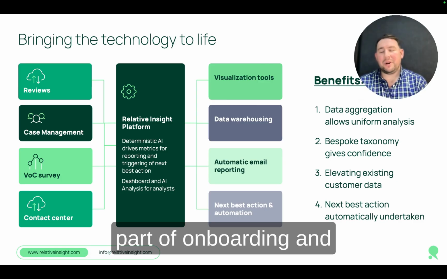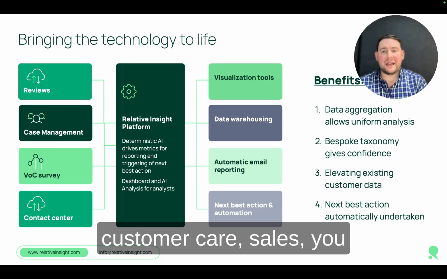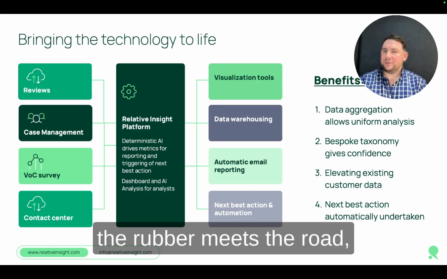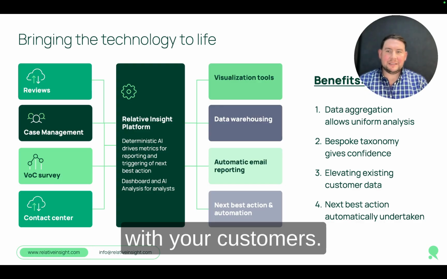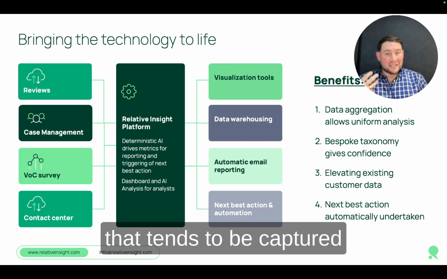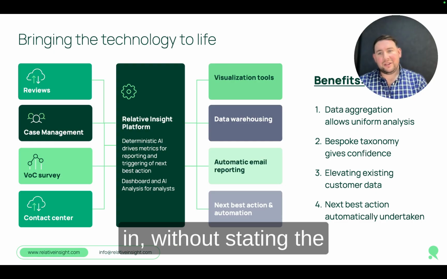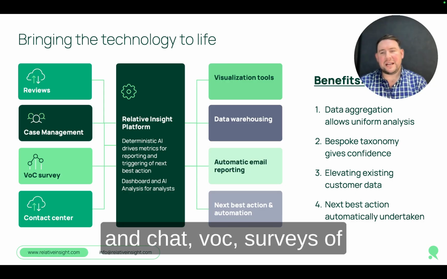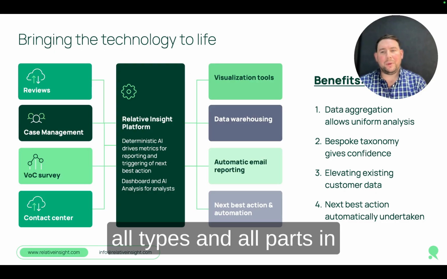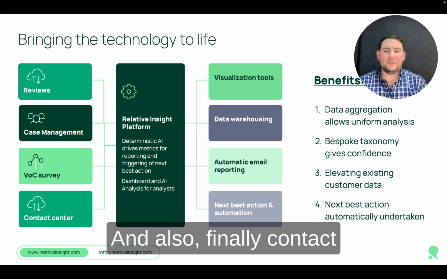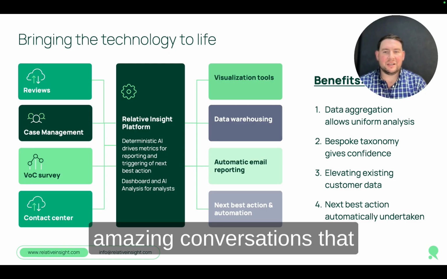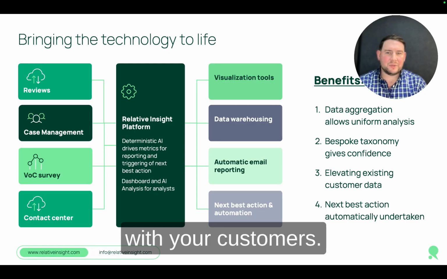Think every part of onboarding and customer care, sales, you name it, wherever basically the rubber meets the road, wherever you're interacting with your customers. The types of data that tends to be captured is things like reviews, case management and chat, VOC surveys of all types and all parts in the journey, and also finally contact center, the transcripts that come from all of those amazing conversations that your agents will be having with your customers.